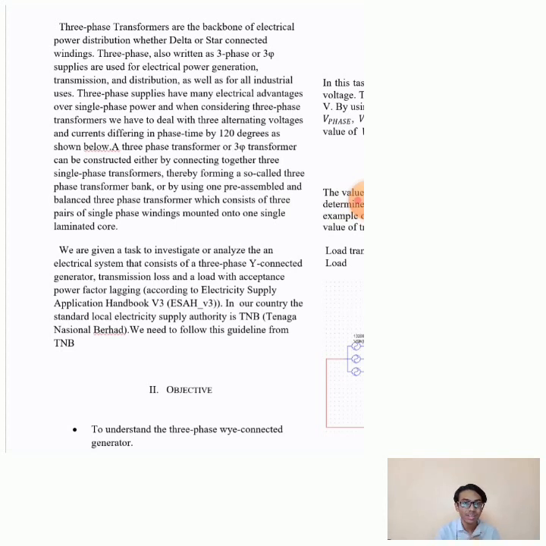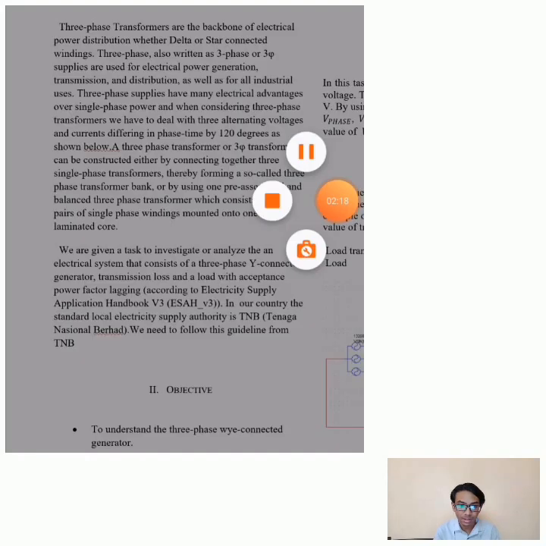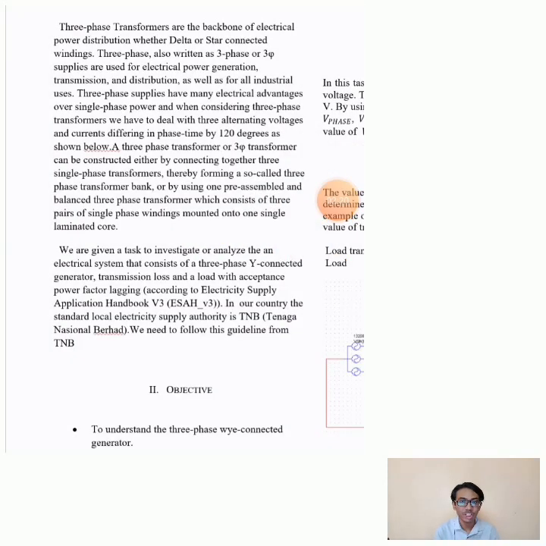The system consists of a three-phase Y-connected generator, transmission loss and a load with acceptance power factor lagging, which is 0.8 according to ESAH version 3 for voltage level 11 kilovolts. The frequency of the load supply from the three-phase Y-connected generator at line voltage is 50 Hz, which is the Malaysian standard.